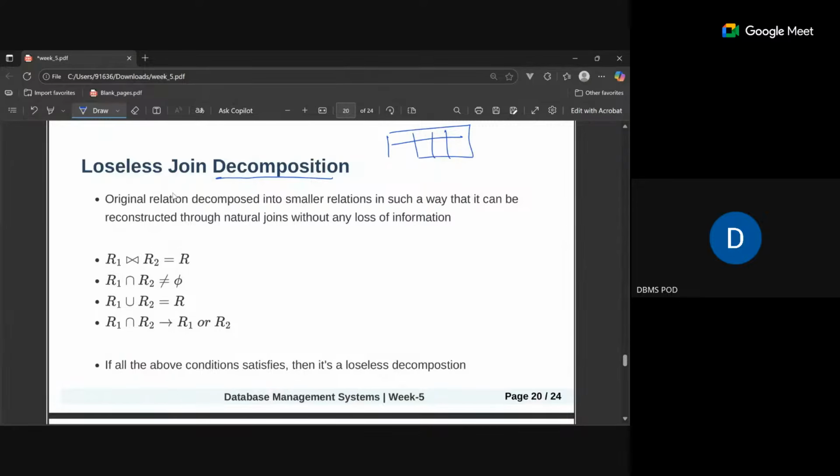In the slide it is written loseless. I have written lossless join decomposition, I guess. Oh, it is loseless. Loss means double S, no? No, single S. Oh, sorry, maybe a spelling mistake.